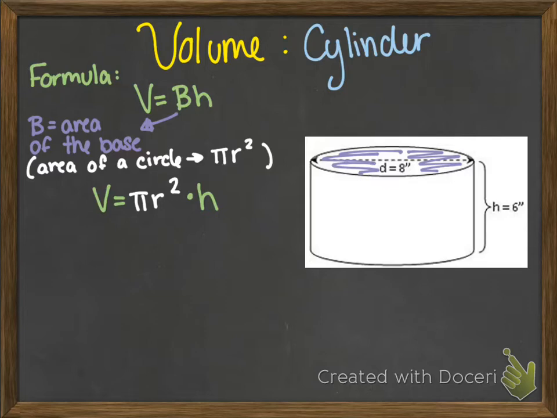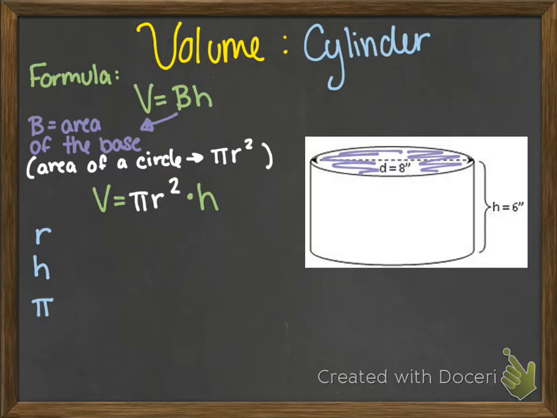Now that we have our formula as broken down as we can, we need to go ahead and find all of our values. What we're going to be looking for is r, h, and then we're also going to define pi as a number. So on our cylinder, we're looking for the r, or the radius.